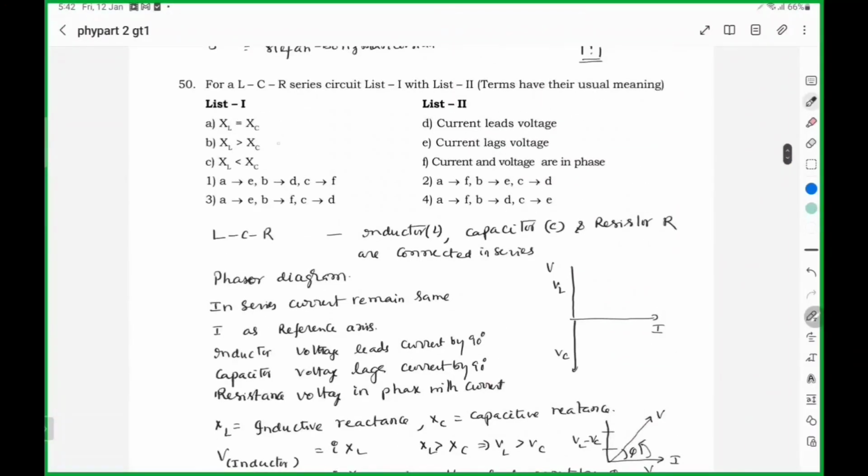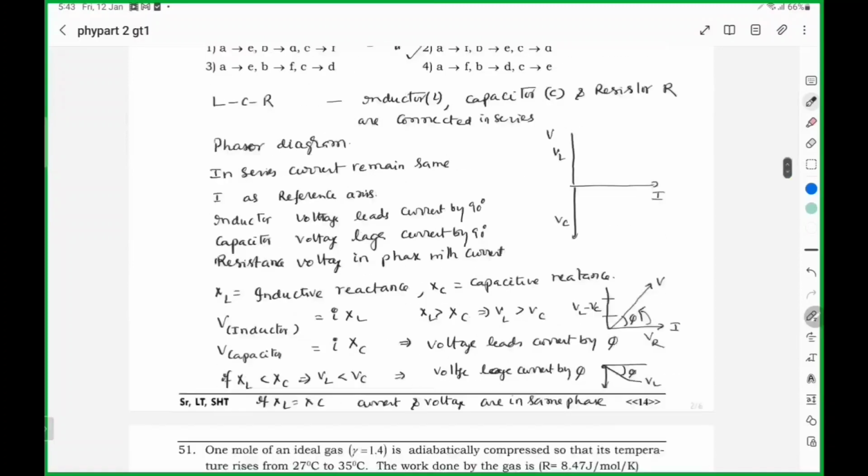So A maps to F. XL greater than XC, voltage leads, current lags voltage, that is P maps to E. XL is less than XC, so current leads voltage. Option 2 is correct.